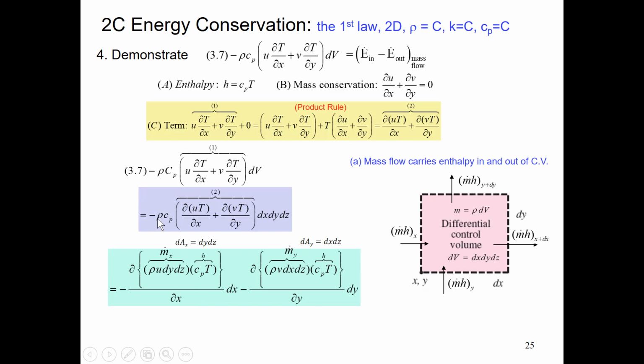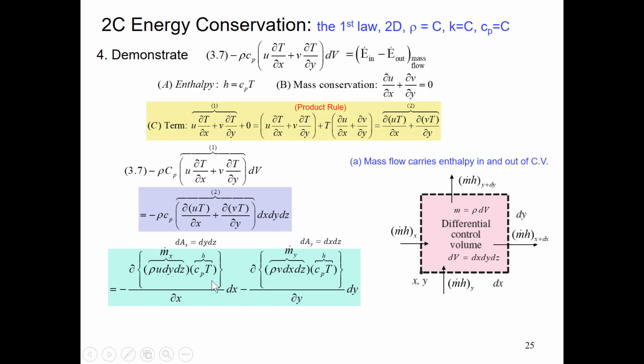Next, we take the constant density and the specific heat and differential size dy dz into the first derivative, combining density, x-direction velocity, and surface area dAx gives mass flow rate in the x direction. Combining specific heat and temperature gives enthalpy.